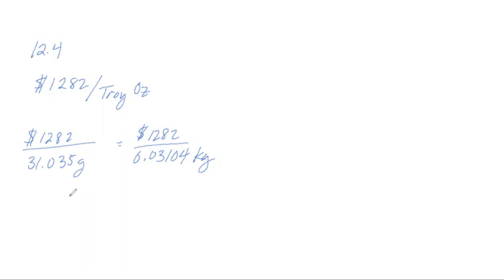Okay, so the density of gold, rho, equals 19.3 times 10 to the third kg per meter cubed.